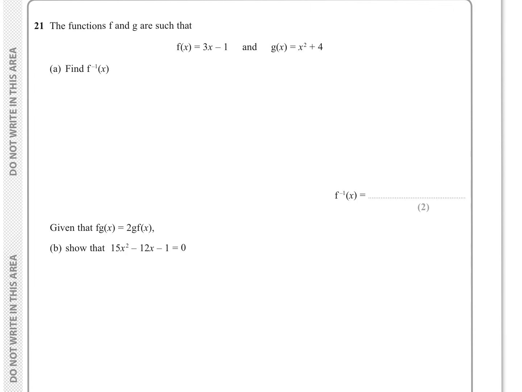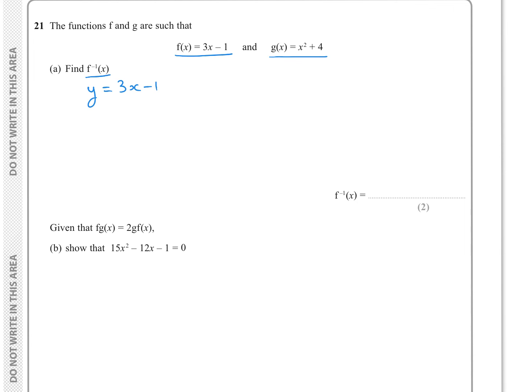Question 21. The functions f and g are such that f of x is 3x minus 1 and g of x is x squared plus 4. We want to find the inverse function of f of x, which is f minus 1 of x. So the way I do this is I let y equal 3x minus 1.